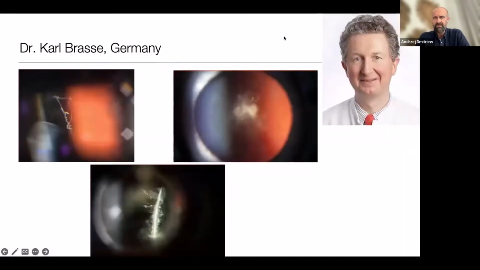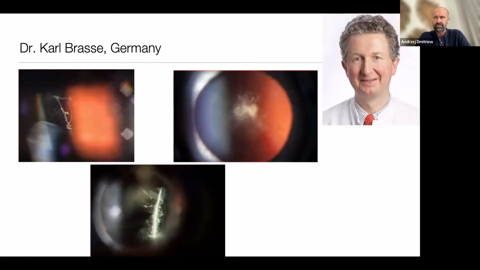When it comes to imaging of the vitreous, I really have to appreciate the fantastic work and images taken by Dr. Karl Brasse, who will be another of our presenters in October, especially when it comes to myopic floaters, amorphous clouds, and vitreous strands, which can sometimes be not very easy to notice when you examine the vitreous.